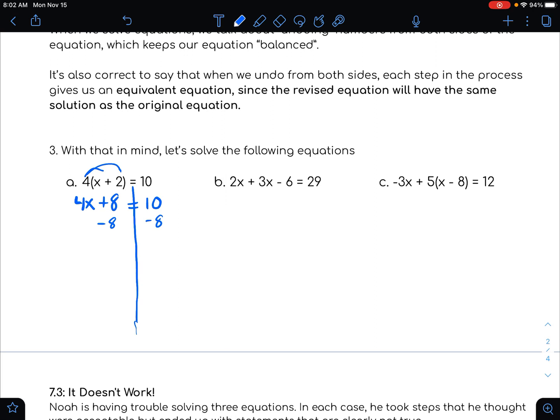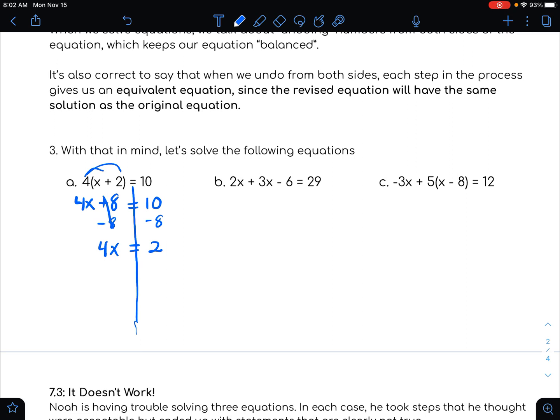So we'll undo the adding of 8. Remember, trying to get x by itself, because 4 times something plus 2 is equal to 10 at the beginning. So we'll undo from both sides of the equation, bring down what's left. 8 minus 8 is 0, so we'll bring down 4x. 10 minus 8 is 2. All right, so 4 times something is equal to 2.